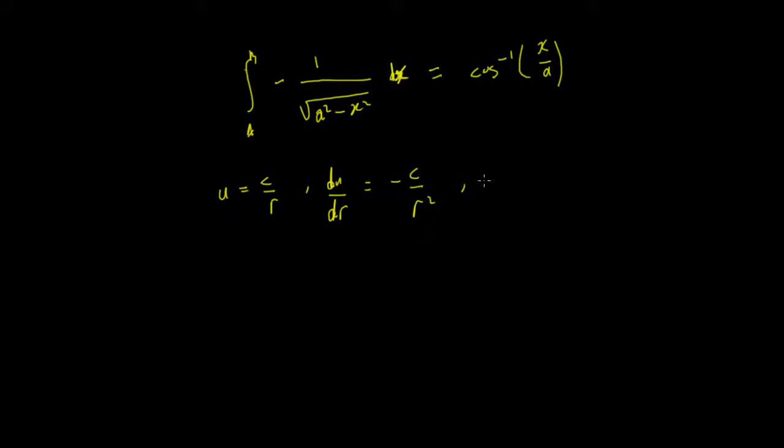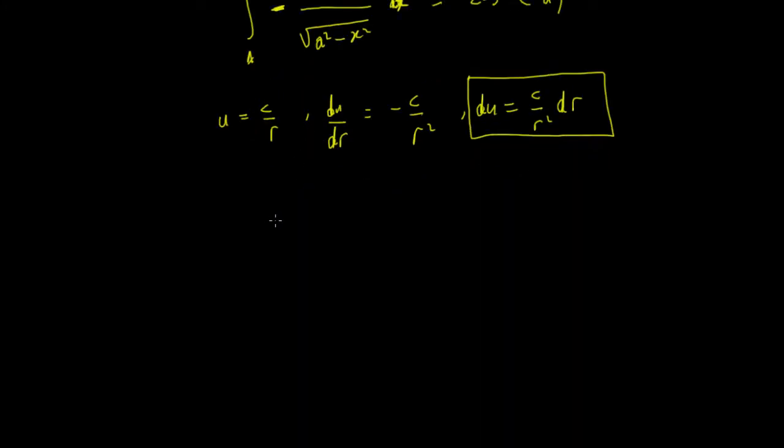So then you can say that our du equals minus c upon r squared times dr. Okay, so you make that substitution into our equation that we've just derived, and you can knock it into this standard form.